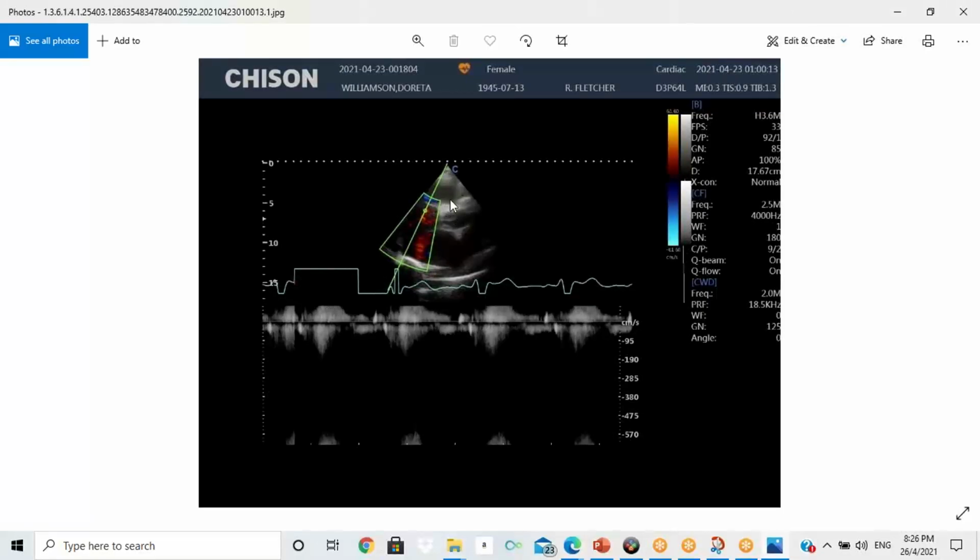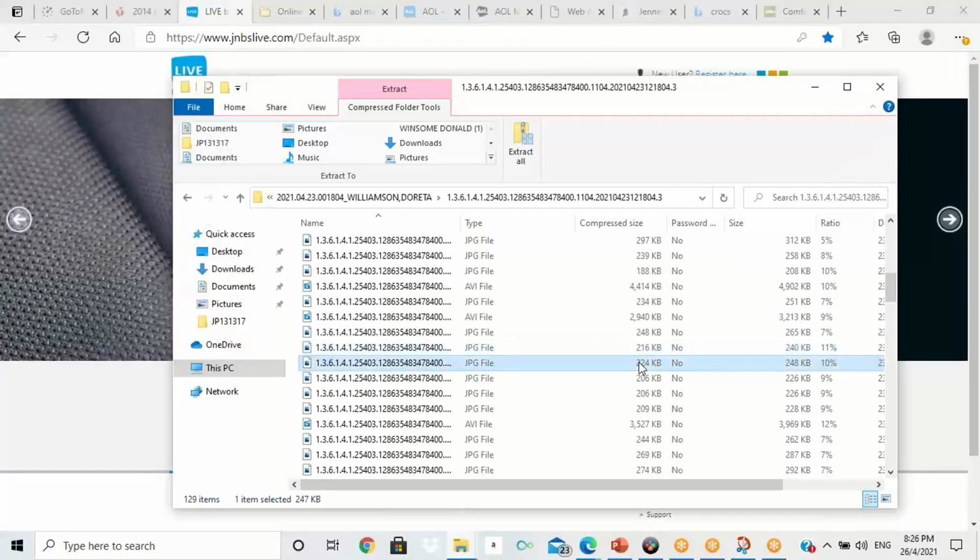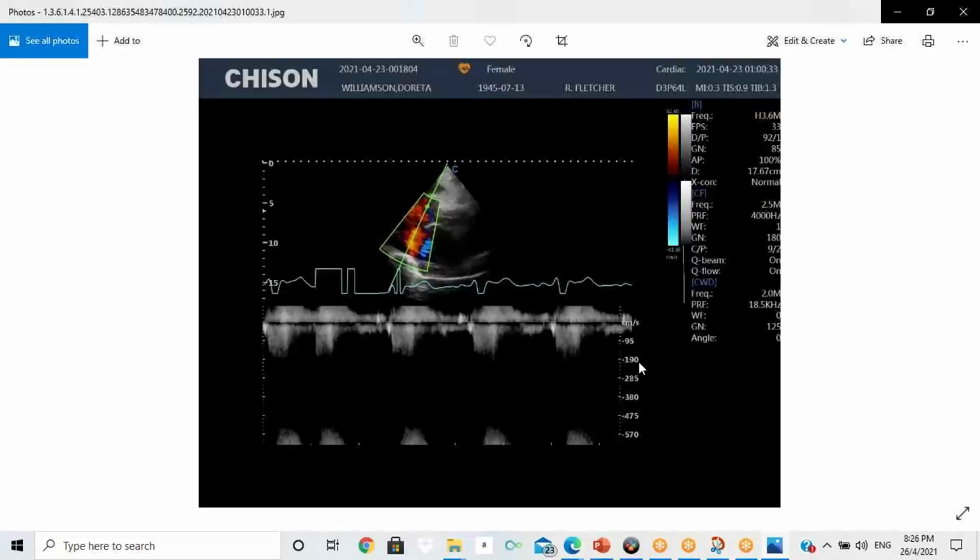This is a short axis at the level of the aorta, and this is the cursor. The sample volume is right there, and you see a tinge of tricuspid regurgitation, but you have to move your transducer around to get a good look at the flow. It's there because you saw it with the color, so you just have to manipulate the cursor and the transducer so you can get decent flow.